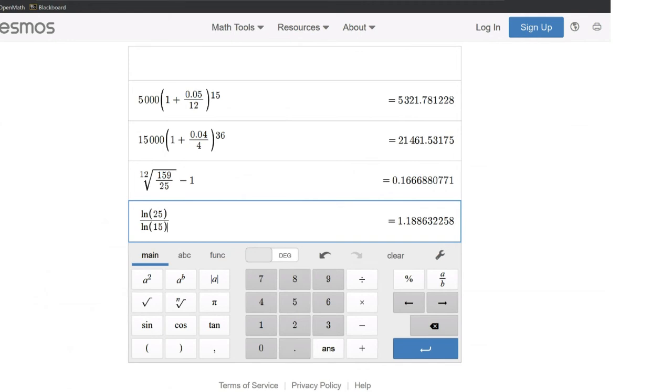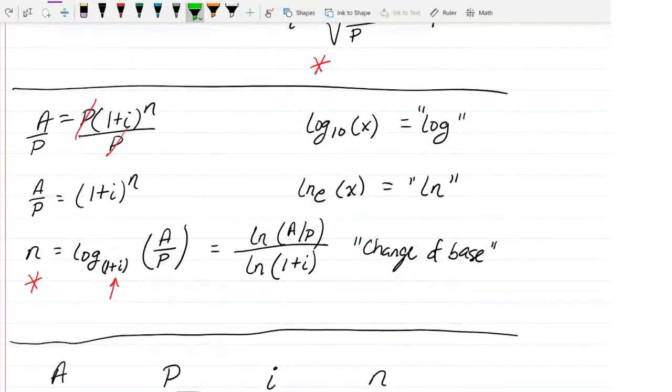And so I could type it in exactly the way I've seen it here on the left side with that 1 plus I. I'll plug in a number there, of course. It would even have a silly fraction. I could type all of that into my Casio calculator and it would handle it. It's only the Desmos calculator or other calculators which don't understand logarithms of other bases that we have to use this change of base formula here.